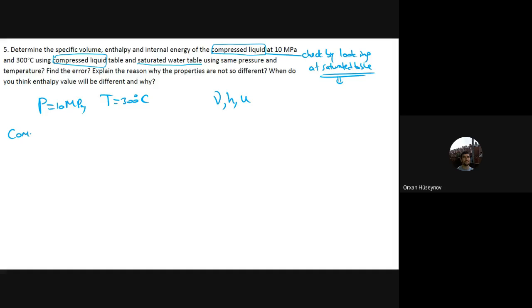So firstly, you will use the compressed water table. This will be the first step.